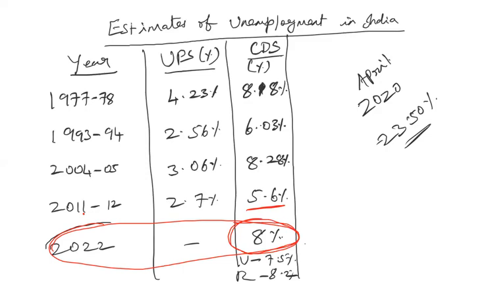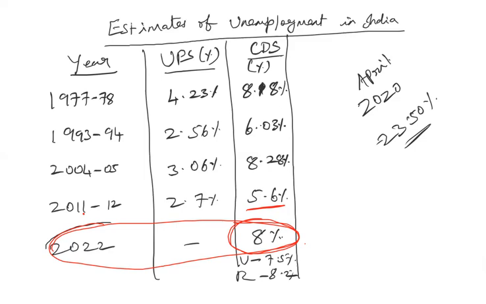Okay. So hope you are understanding the concept. The highest unemployment rate is prevailing in the states of Rajasthan with 23%, Jammu and Kashmir again 23%, Haryana 23%. The lowest unemployment rate is in Chhattisgarh, Assam, Uttarakhand. They are all having only 0.1% or 0.5%, like that.